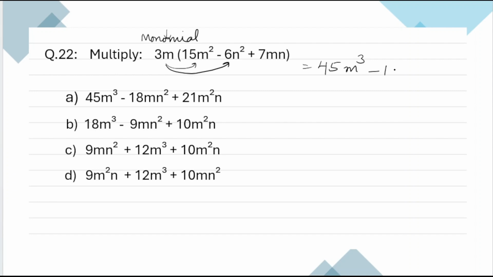It will give me negative 18mn square. And then this 3m will be multiplied by 7mn. So 3 times 7 is 21, and then you have m and m, so it will become m square n. So where is my answer? First is my answer, option A. 45m cube minus 18mn square plus 21m square n.